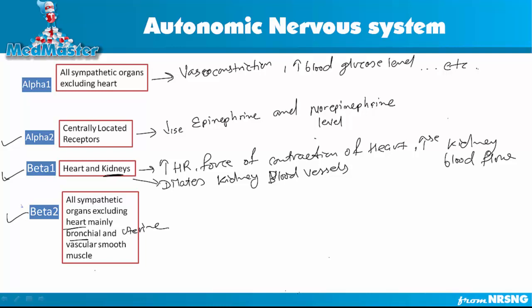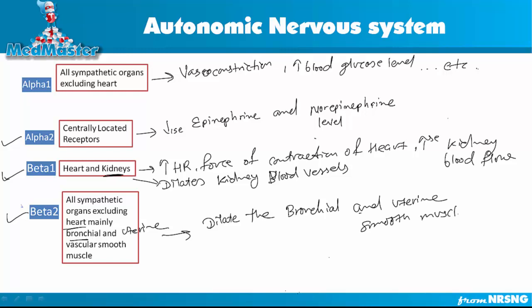So when you give a drug that's going to bind to the beta 2 specific receptor, it's going to dilate the bronchial and uterine smooth muscle. Now at the same time, it's present in other organs as well, like liver, GI, and everything.